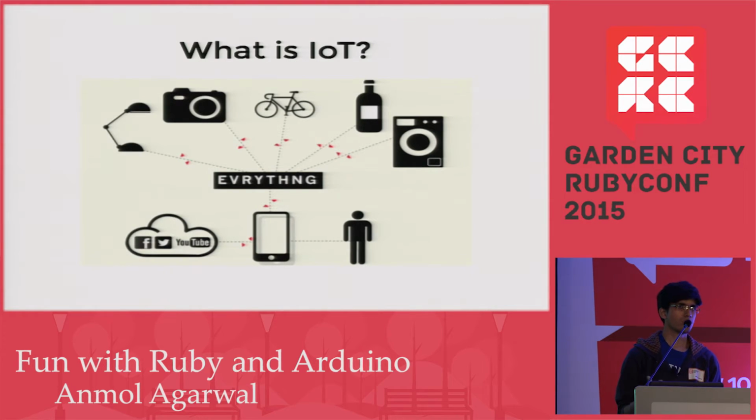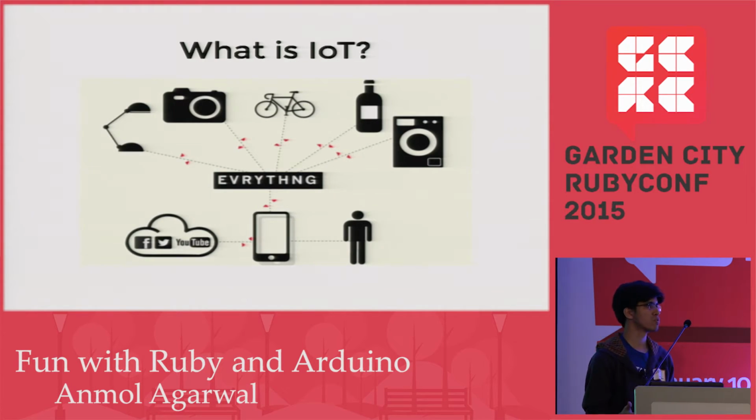Usually we have smartphones and laptops which communicate with the server and store our data into databases. But with Internet of Things, it's not just smartphones and tablets and desktops. You could use the things that you see around yourself every day, like your lamp, camera, bicycle, washing machine, coffee maker, anything.